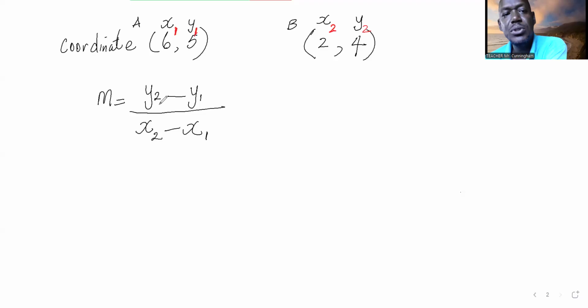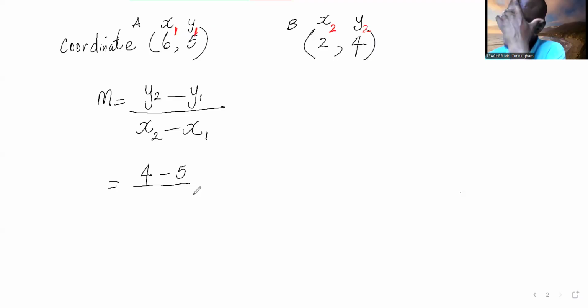All right, so the formula to find the gradient, M. We look at Y2, which is 4, minus Y1, which is 5.